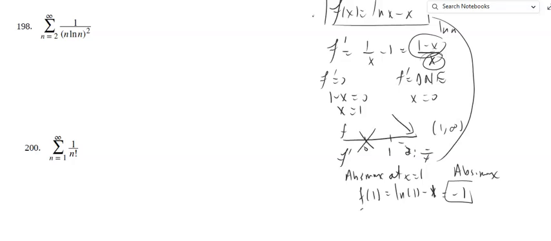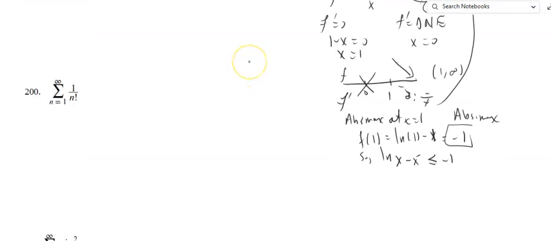So we know that natural log of x minus x is less than or equal to -1 for all x on its domain. And if I add x to the other side, natural log of x is less than or equal to -1 plus x. And if I look at this and x, wouldn't you say x is bigger than this for sure?